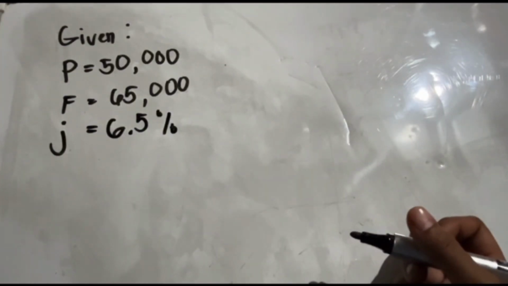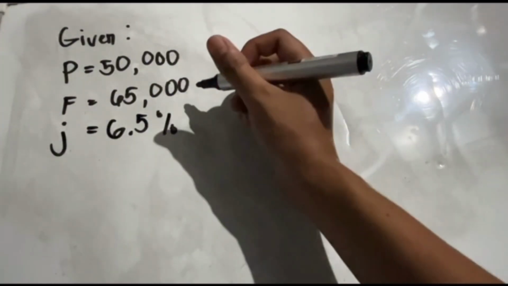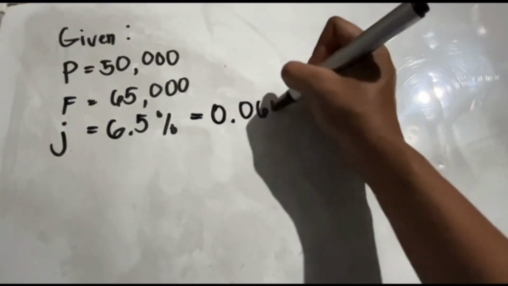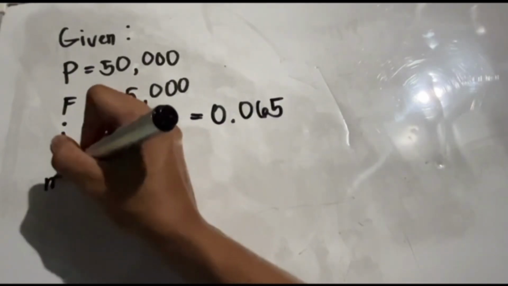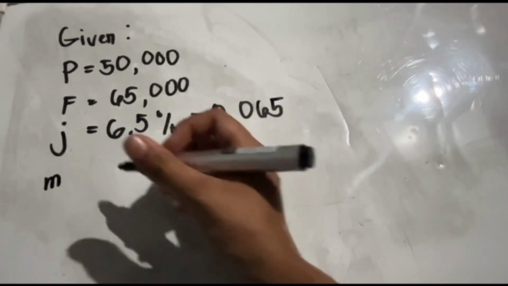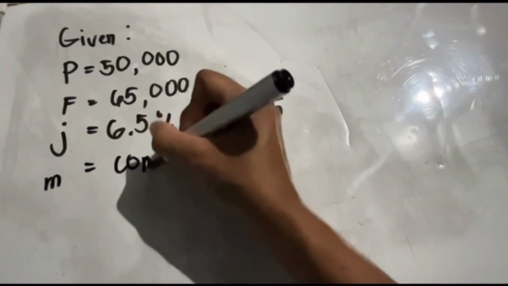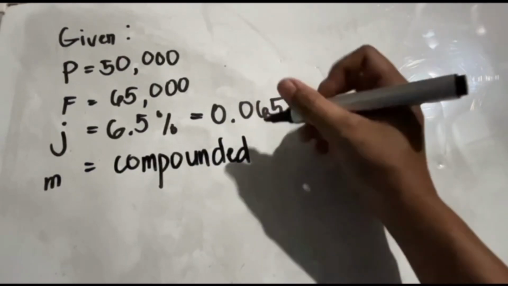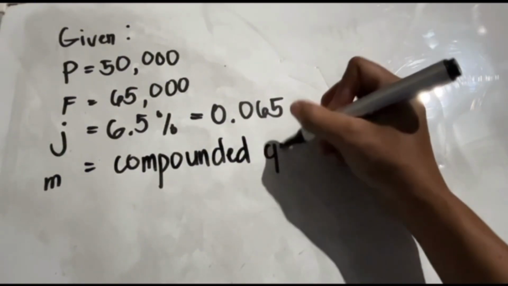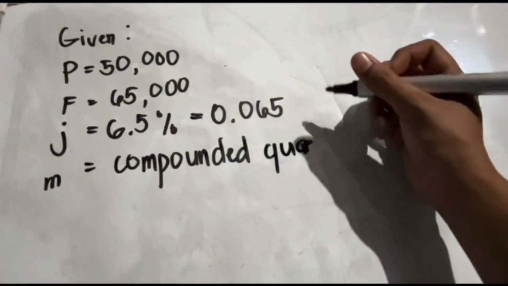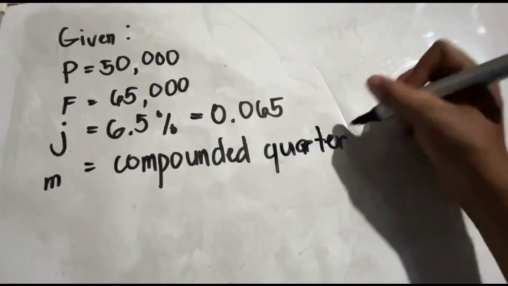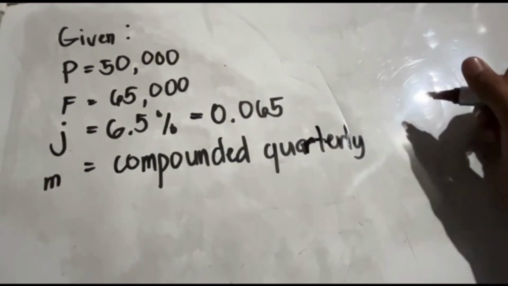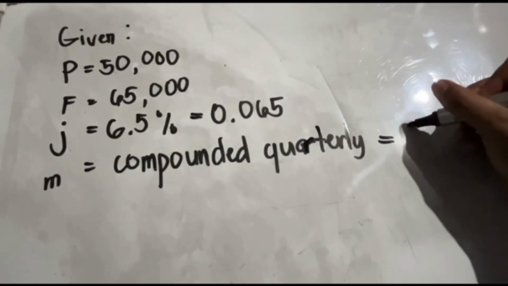To convert it to decimal, we just divide it by 100, so it equals 0.065. And letter M is our compounding, compounded quarterly, which is 4.